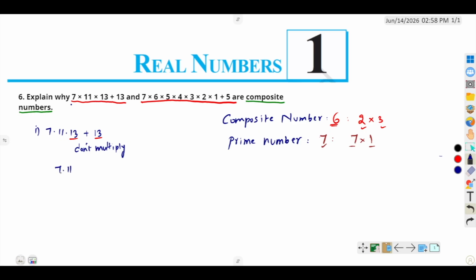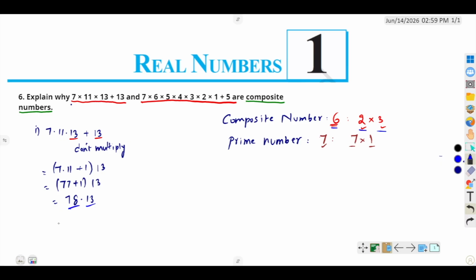So 13 is common here. According to the distributive property, I will take 13 as common. If you take 13 common, you have 7 times 11 plus 1. Now let's multiply 7 times 11, which is 77, plus 1, times 13. So it is 78 times 13.